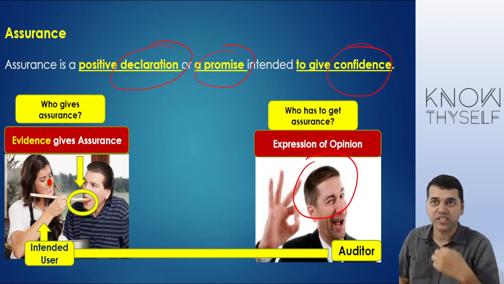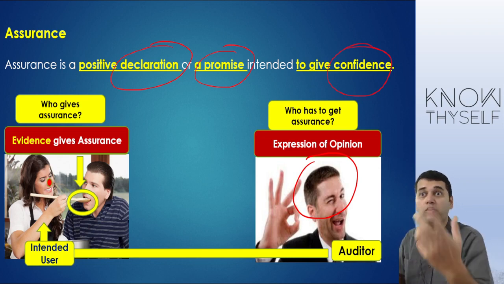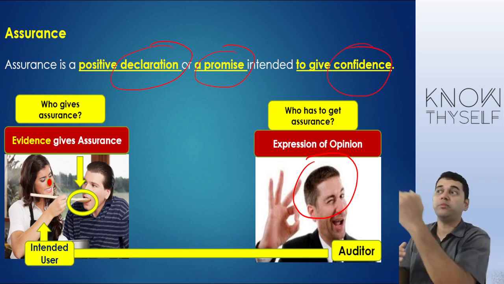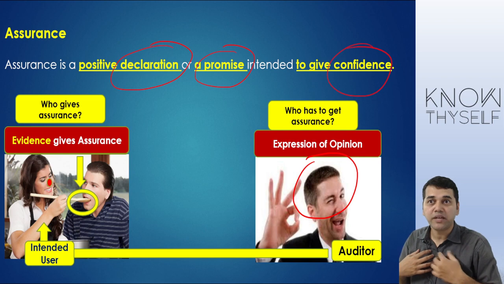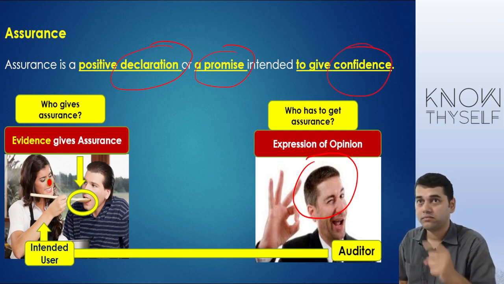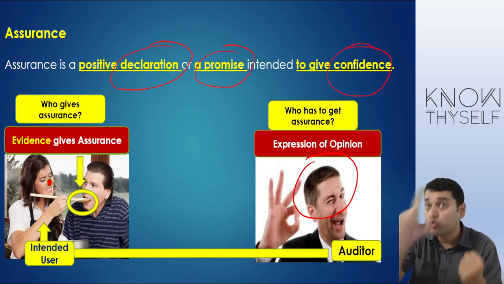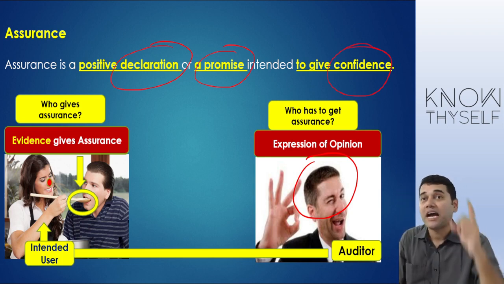When I taste it, based on my judgment and my perception, again, person to person auditor may be different, but if I understand what should be the level of salt, based on my judgment, I draw some conclusion from the evidence.